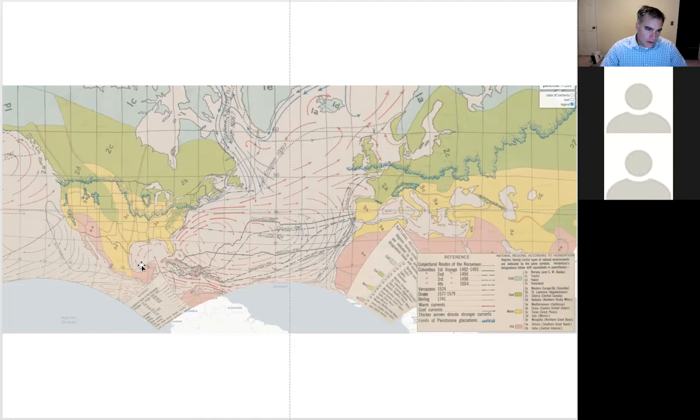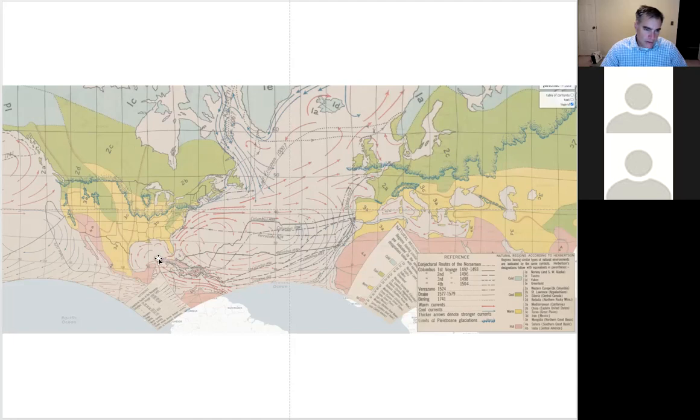Now, the Gulf Stream has its origins in the Gulf of Mexico, and you can see the Gulf of Mexico has weak, warm currents, but that Gulf Stream takes off between the Straits of Florida. That's the area between Key West, the Florida Keys, and Cuba. As you know, that's only about a 50-mile stretch.